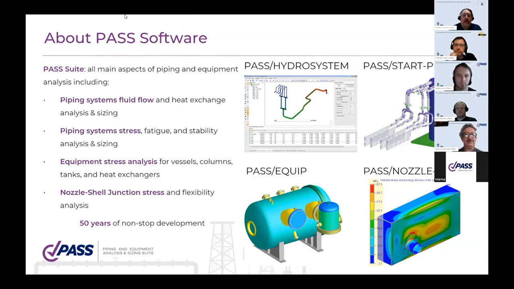So there is fluid flow analysis, it's PAS HYDROSYSTEM, which provides hydraulic and heat exchange analysis and piping sizing. Then there is another software for piping stress analysis, including fatigue, stability, static and dynamic analysis.